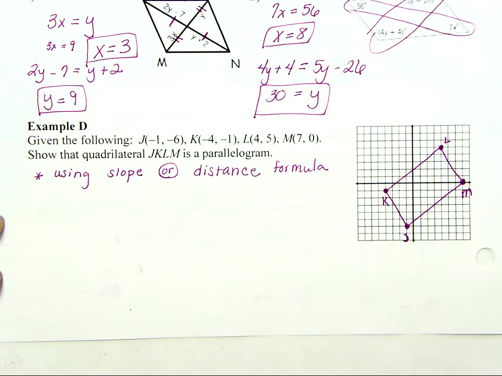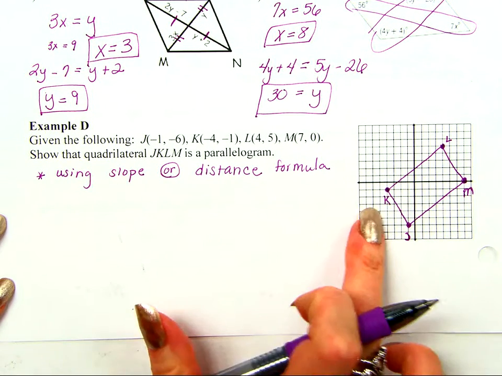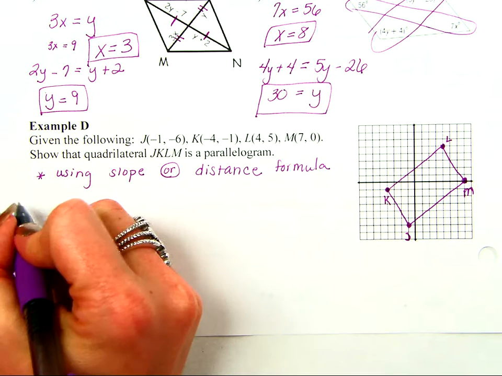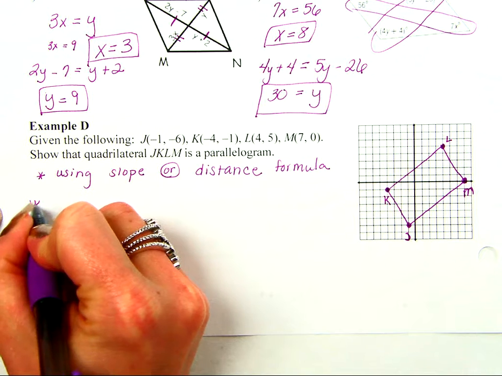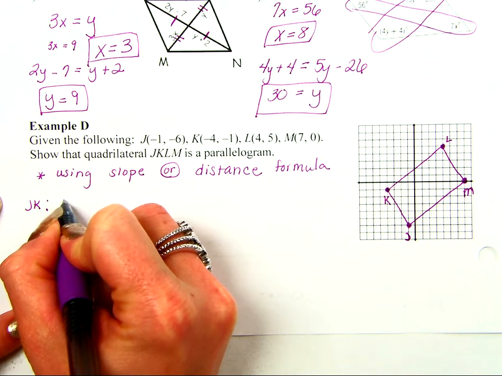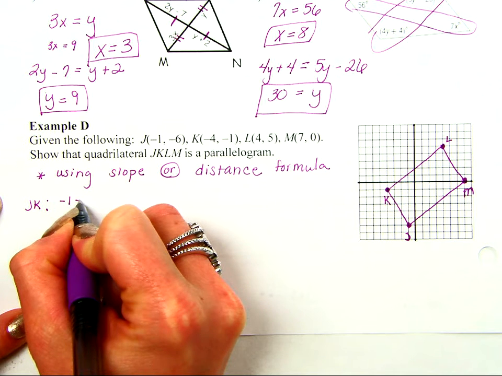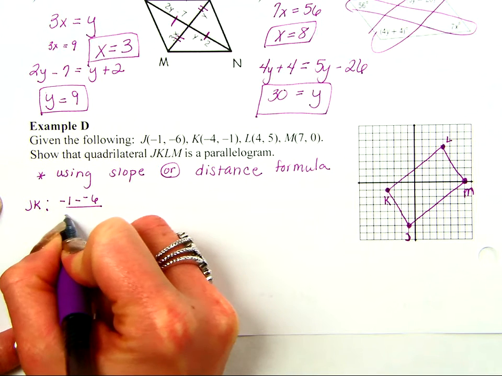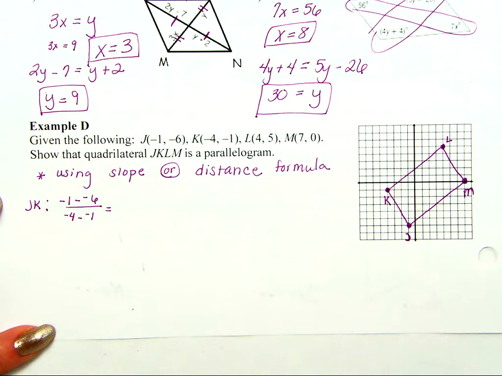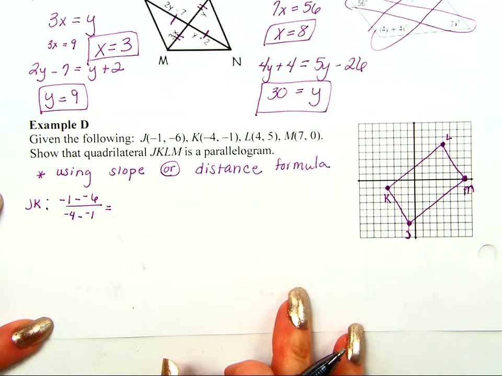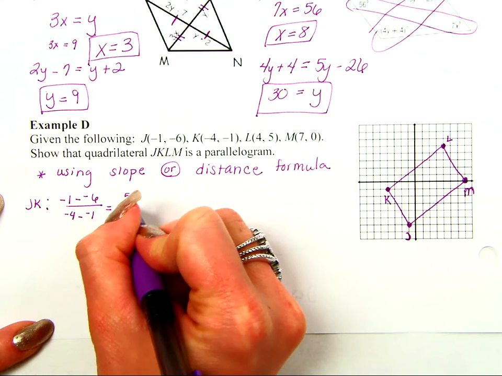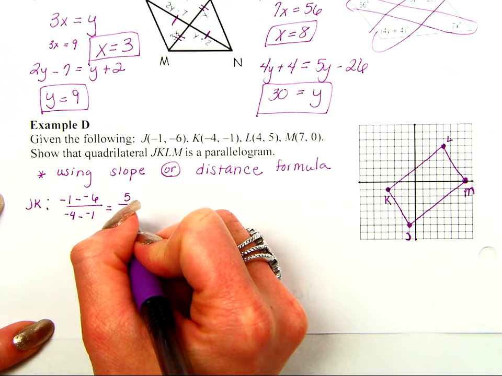Now, if I chose to use the slope, I need to make sure that I pair up my opposite sides. And let's say that we are going to take a look at finding my slope for JK. I know slope being y minus y over x minus x. This one's a little tricky because we have a lot of negative and minus signs we need to keep track of. Well, -1 minus -6, -4 minus -1.